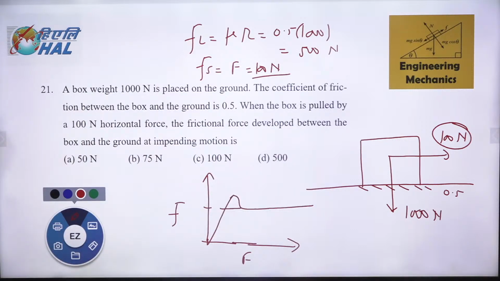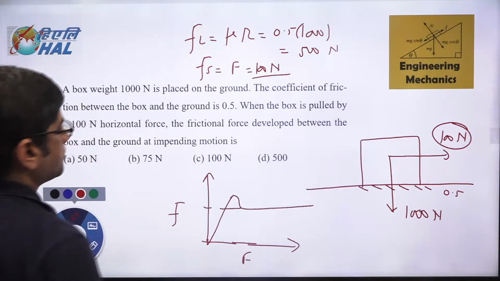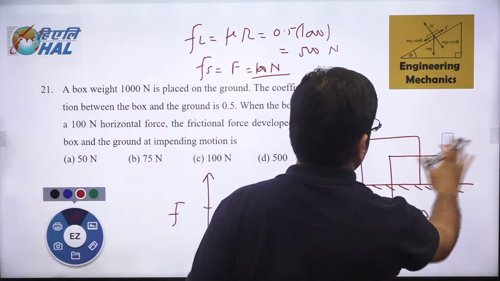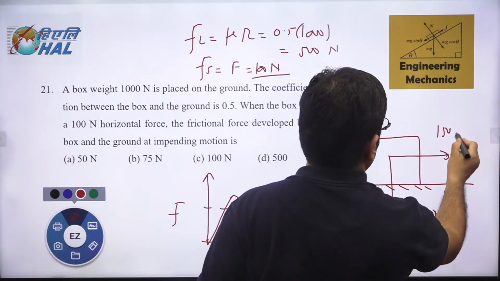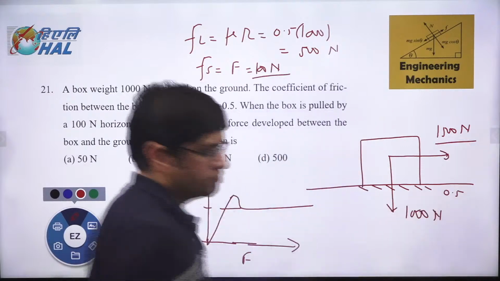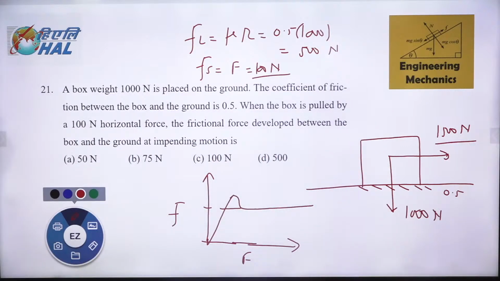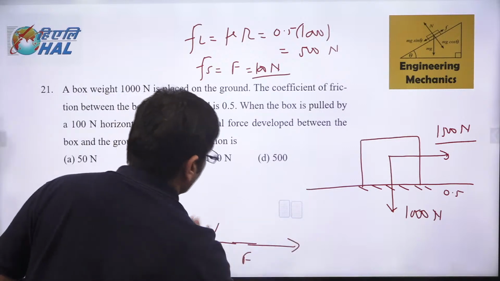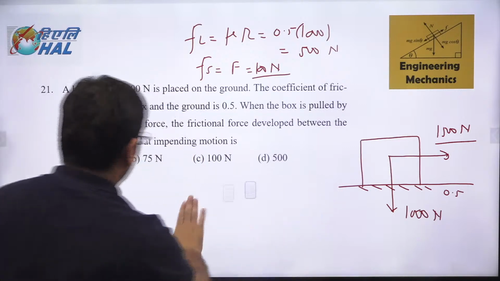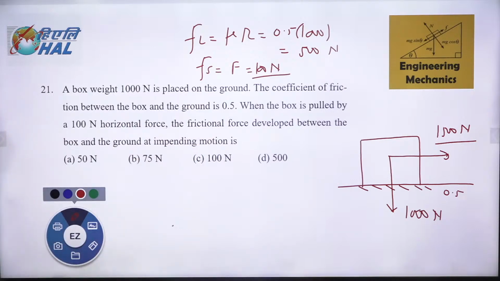Okay, now let me make this question this way. Suppose the force applied is 1500 Newton. If the force applied is 1500 Newton, find the friction and find the acceleration. I change the question. The force now applied is 1500 Newton.